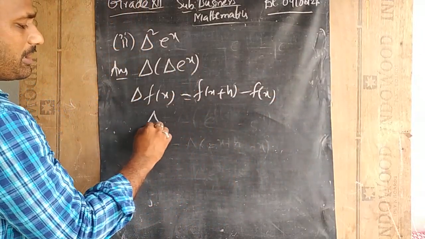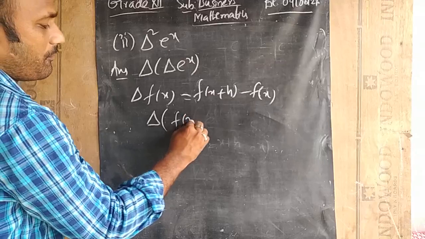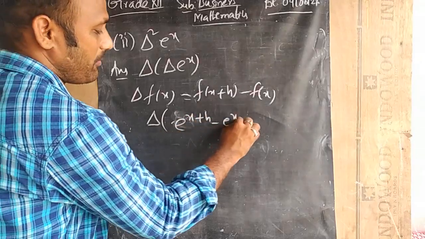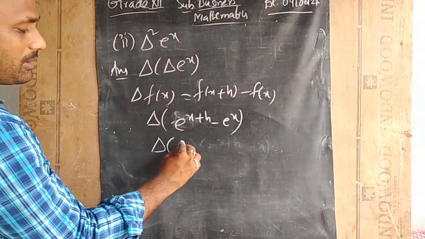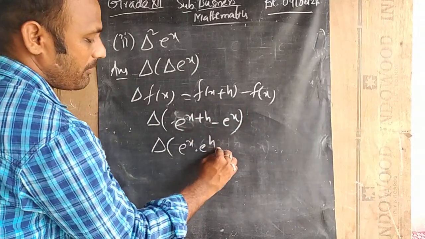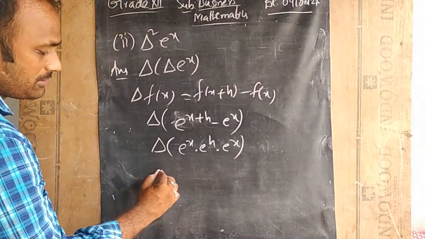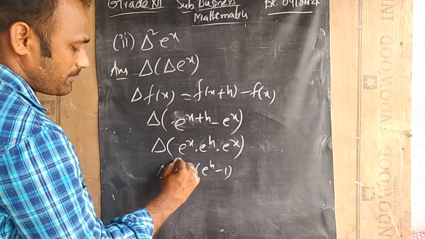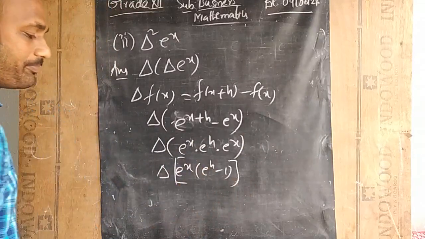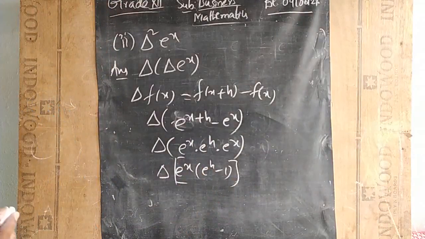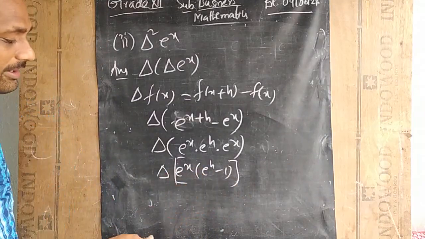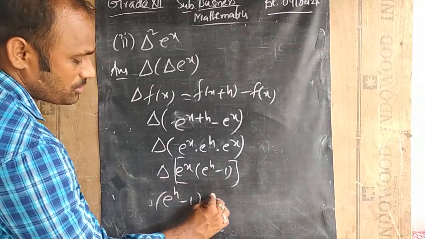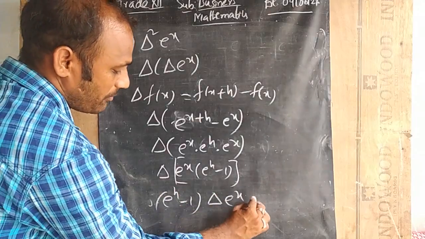Substituting, delta of e power x plus h minus e power x, so delta of e power x into e power h minus e power x. We can take delta e power x common, it will become e power h minus 1. E power h minus 1 is common, we can take it outside, so delta e power x.